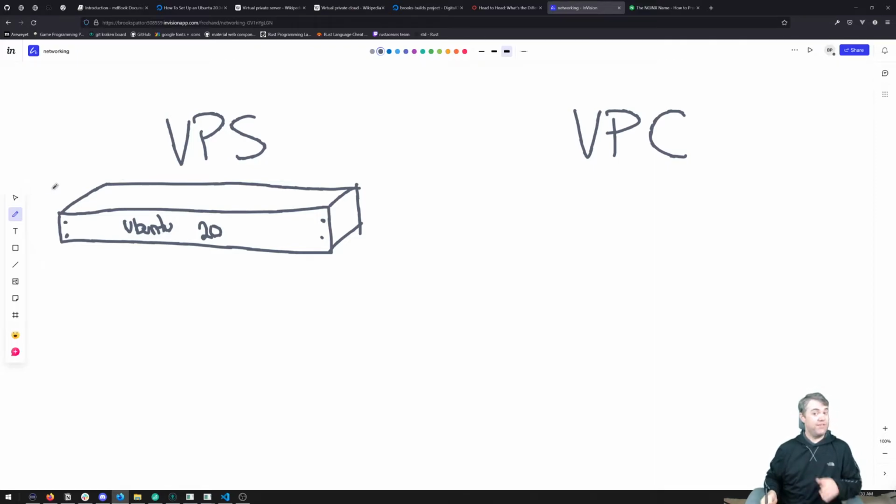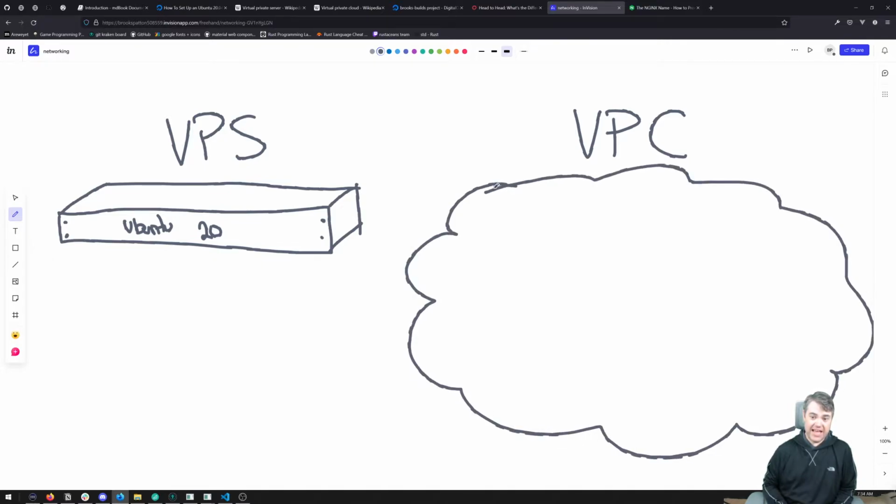Now, a virtual private cloud is basically the same thing as the VPS, but also a little bit more. They're adding a little bit more services for us. So here we have to add maybe a little bit more of a cloud, and you're going to get a VPS as one of the services offered by this. But also we have database support. We have firewall.